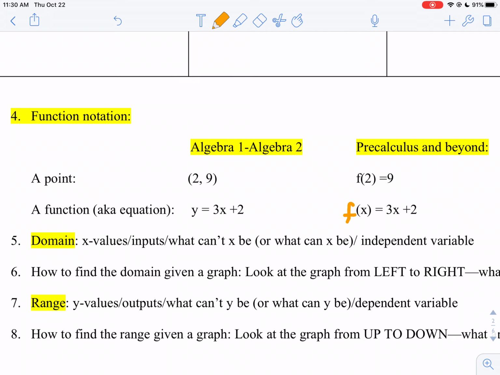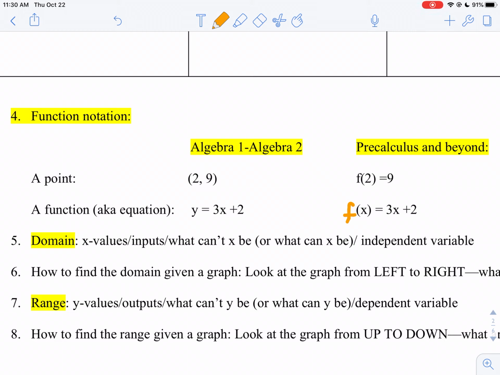All right, so the big thing associated with functions is domain and range. They always ask, what's the domain? What is the range? That's one of those questions that will always be asked if you are studying functions. So the domain is the set of all x values for that particular function. They are the inputs. Usually I tell the students, can you answer the question, what can't x be?